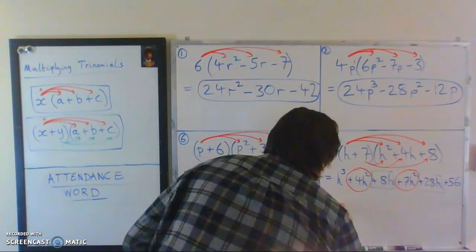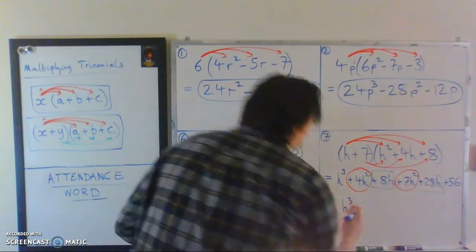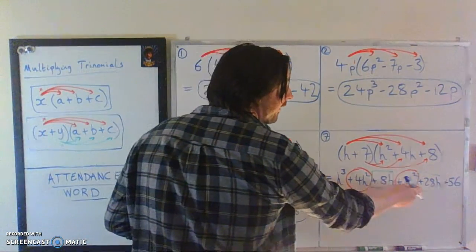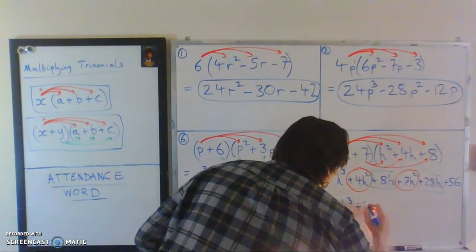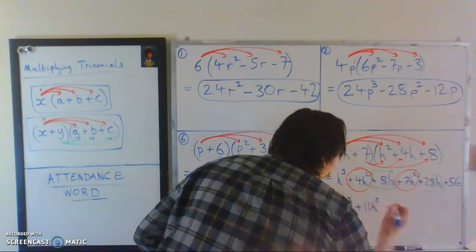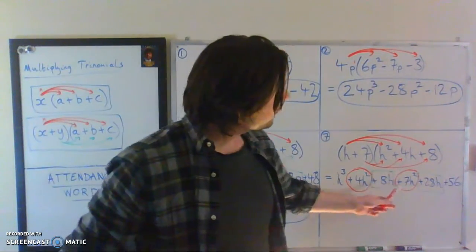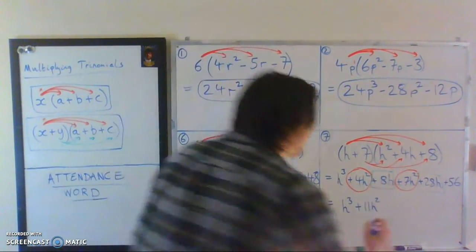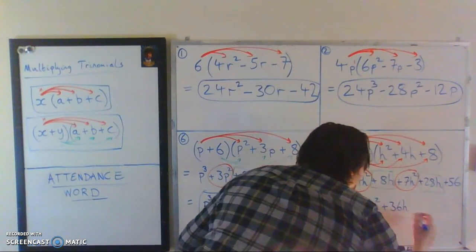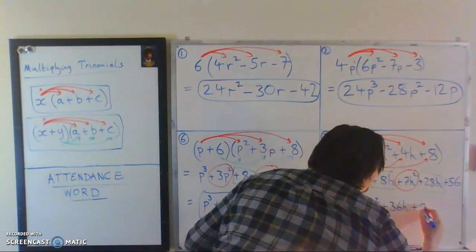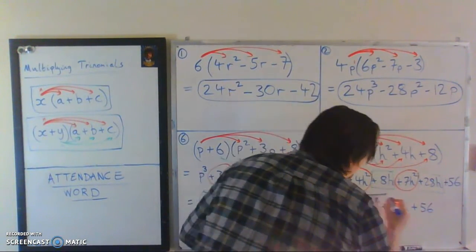So final answer, H3, 4h squared plus 7h squared. 4 plus 7 is 11, so 11h squared. 8h plus 28h, 28 plus 8, 36h, and just stick that 56 on the end.